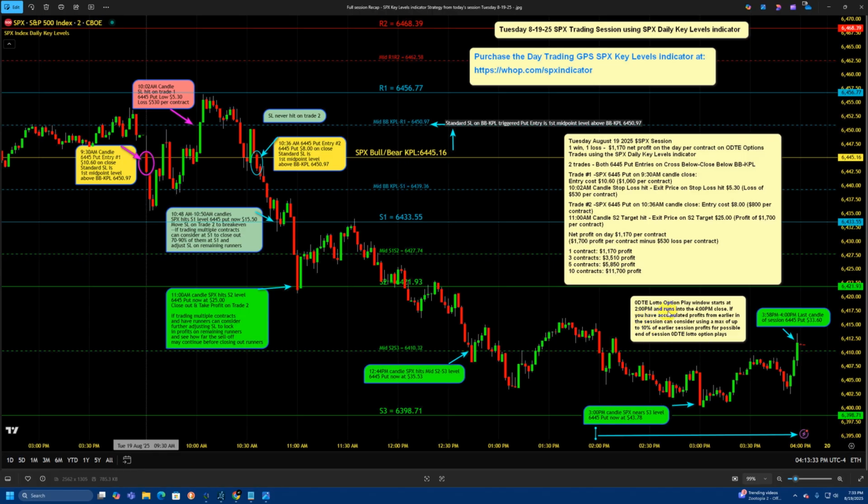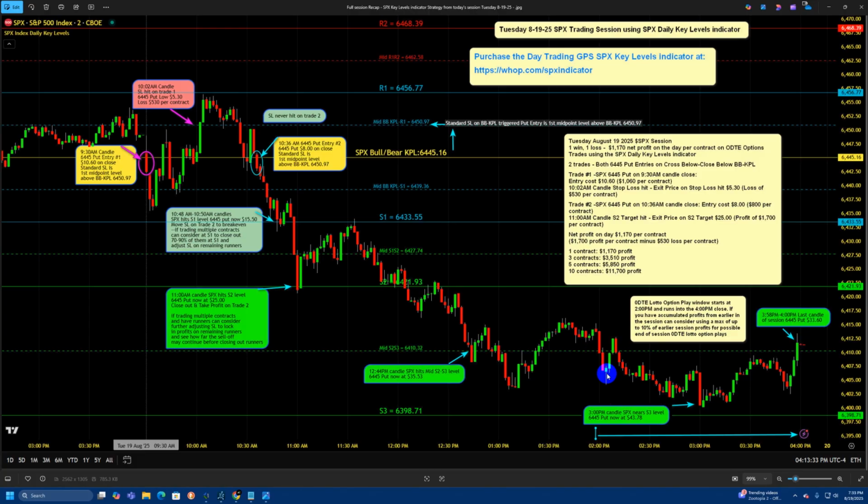Okay, so we'll go over this note here. 0 DTE Lotto option play window starts at 2 p.m. and runs into the 4 p.m. close. If you've accumulated profits from earlier in the session, you can consider using a max of up to 10% of earlier session profits for a possible end of session 0 DTE Lotto option play.